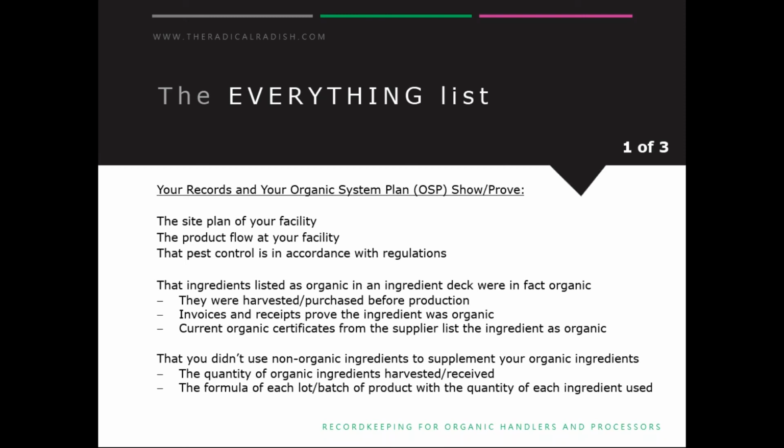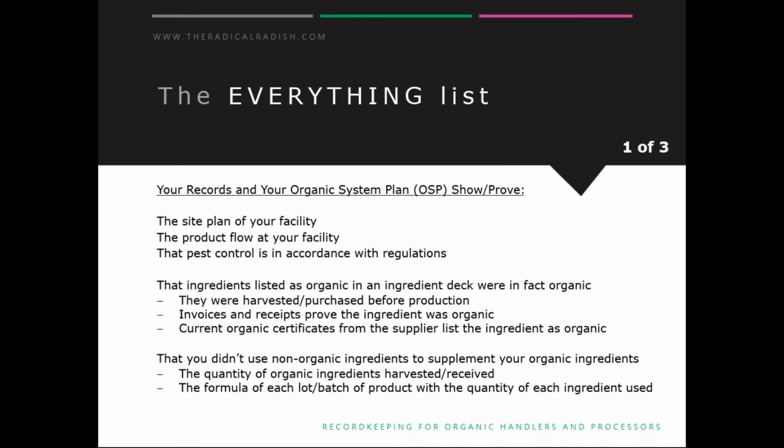So just to quickly go through them as a summary, your organic system plan will show the site plan of your facility, the product flow of your facility, and that pest control is in accordance with regulations. We didn't go into those in depth because they're pretty self-explanatory. Then you're showing that ingredients listed as organic in the ingredient deck were in fact organic.